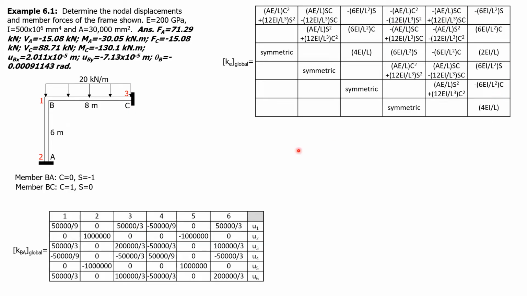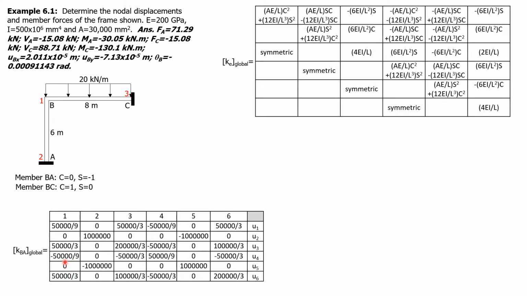And so on and so forth. You just evaluate these items in each cell here, the upper triangular matrix. Then after that, you copy because it is symmetric. So 50,000 over 3, -50,000 over 9, 0, 50,000 over 3. And that's why we have 0 here, 50,000 over 3. -50,000 over 9.